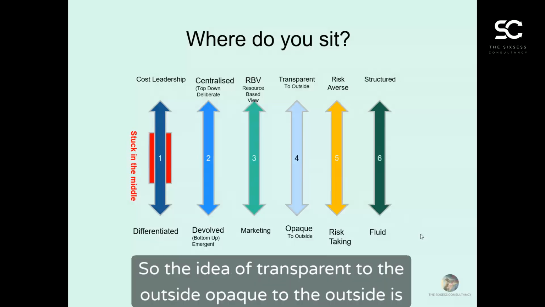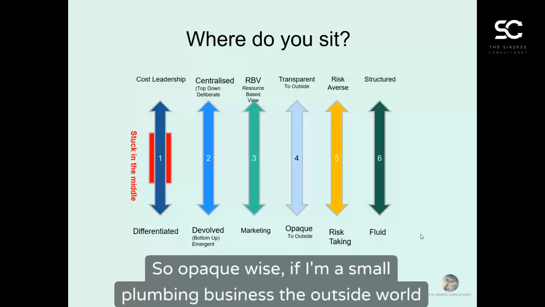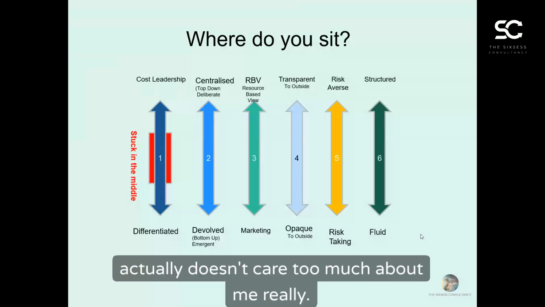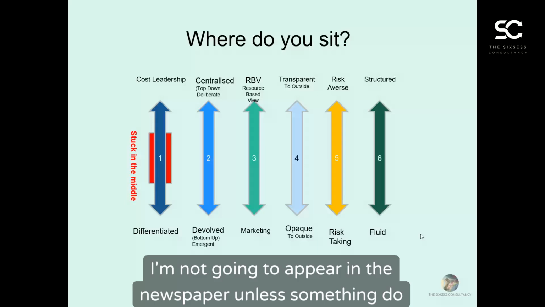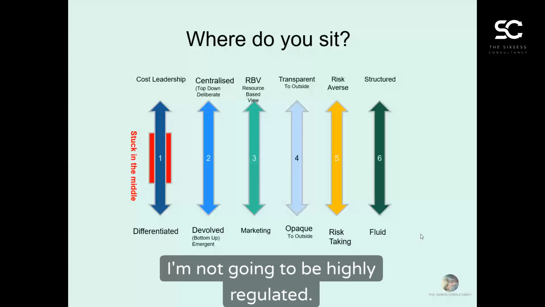So the idea of transparent to the outside and opaque to the outside is that, let's look at the two extremes. So opaque-wise, if I'm a small plumbing business, the outside world actually doesn't care too much about me, really. I'm not going to appear in the newspaper unless I do something criminal. I'm not going to be highly regulated.